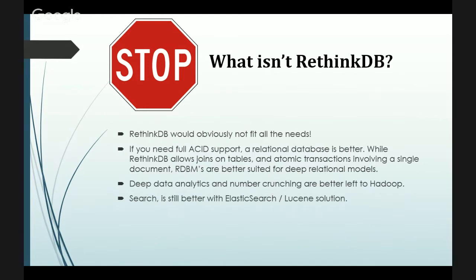So RDBMSs, relational databases, are going to be better suited for relational models. Deep data analytics and number crunching are better left to some of the big data players, like Hadoop. A lot of this is actually right from RethinkDB. They do a very good job on their site of explaining what they're good at. And search is still going to be better with something like Elasticsearch or a Lucene/Solr type solution. Does that answer your question?